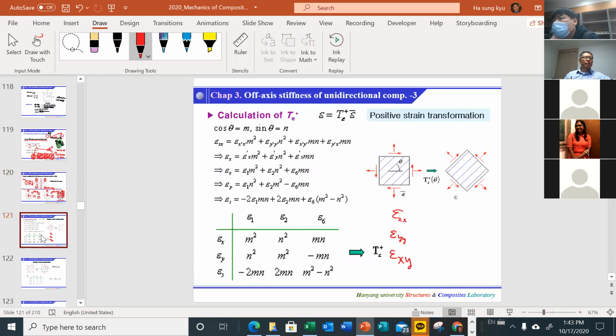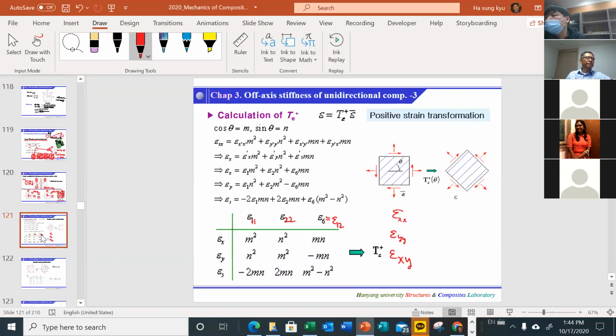This one has the relation. This is epsilon 1: in terms of the coordinate, epsilon 1 is epsilon 1,1, and epsilon 2 means epsilon 2,2, and 6 is epsilon 1,2.